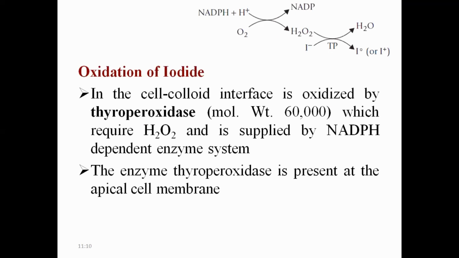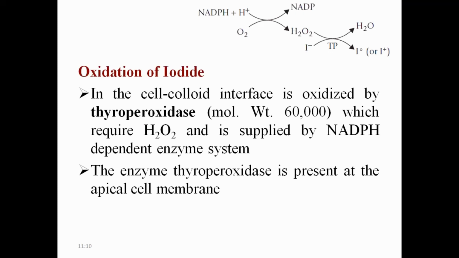Thyroperoxidase is the enzyme with a molecular weight of around 60,000 daltons, and it requires hydrogen peroxide, which acts as the source of oxygen. This hydrogen peroxide is supplied by an NADPH dependent enzyme system.